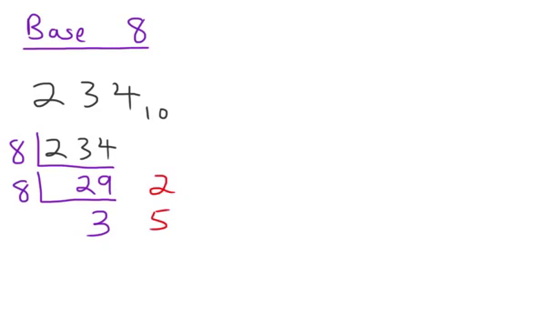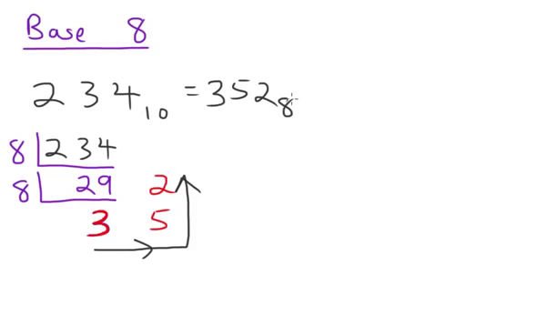So 3 is the last quotient. Therefore, the answer would be from the bottom up to the top. So 352. So in base 8, the answer would be 352 base 8.